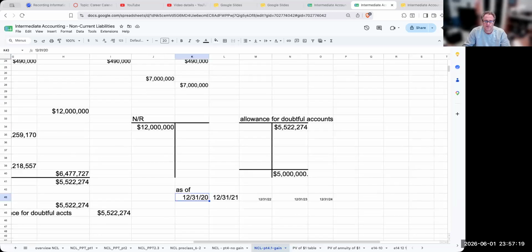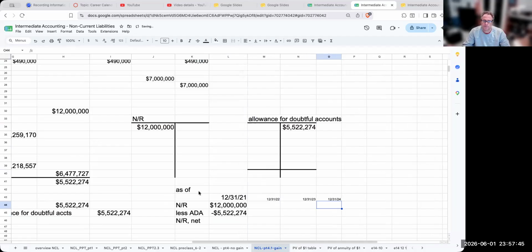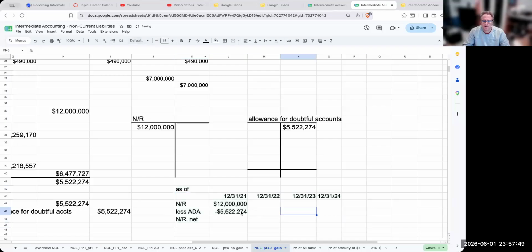Okay. So as of 12/31/21, my note receivable less my allowance for doubtful accounts is going to be 12 million minus 5,522,274. Again, I wrote this 5 million in here because when we get to the end point, that's what I want this to be looking like.